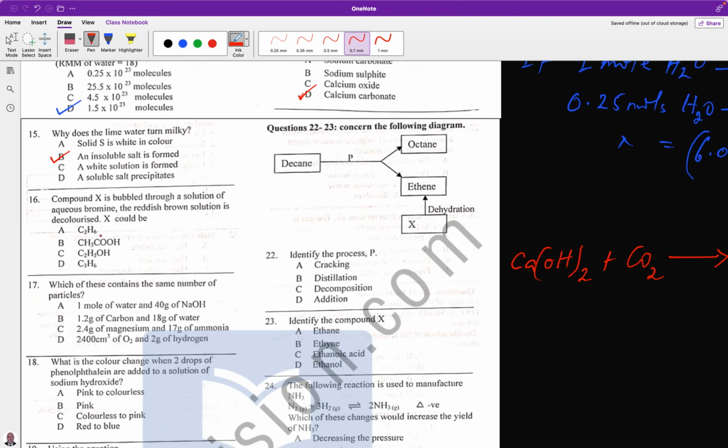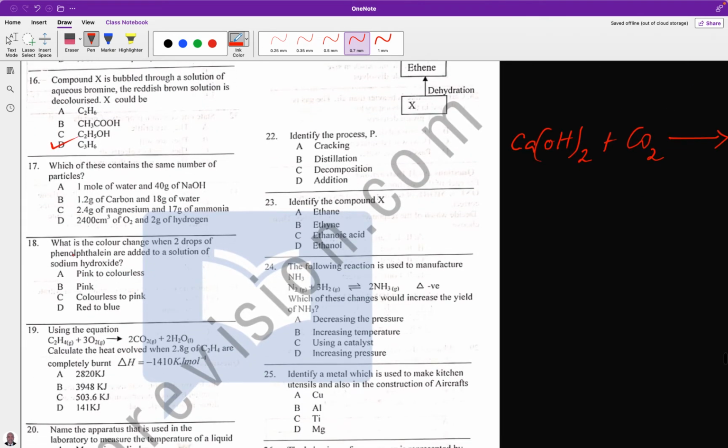A is alkane, B is ethanoic, a carboxylic acid, C is ethanol, D is an alkene. So the answer is D. Why? Because it is an alkene, and only bromine water would decolorize alkene.